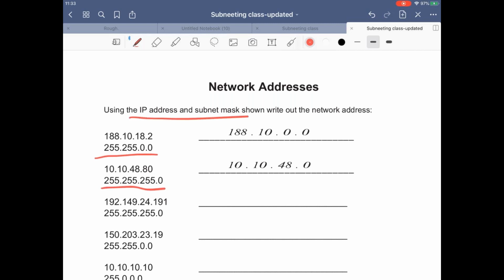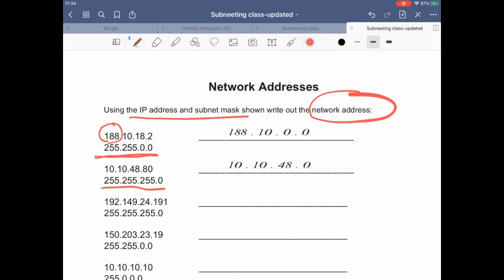We have to find out the network address. See now here, do not compare the first octet, because you have been given the subnet mask. I am repeating again.